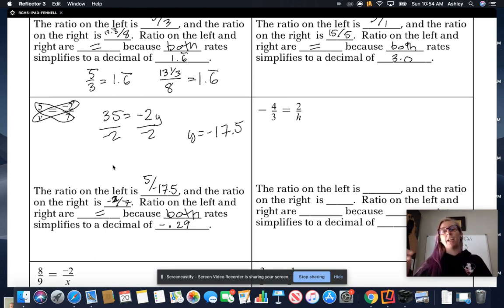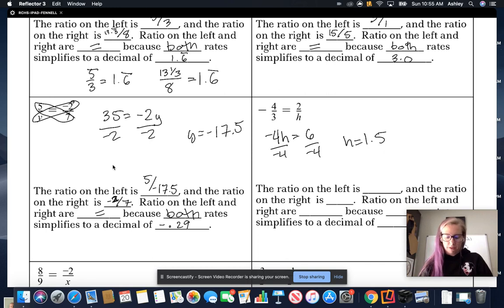It doesn't matter if you apply it to the numerator or the denominator, because a negative divided by a positive is a negative, and a positive divided by a negative is a negative. I'm going to keep it with the 4, so negative 4 times h equals 2 times 3, which is 6. Then I divide by negative 4 on both sides, and I get that h is 1.5.